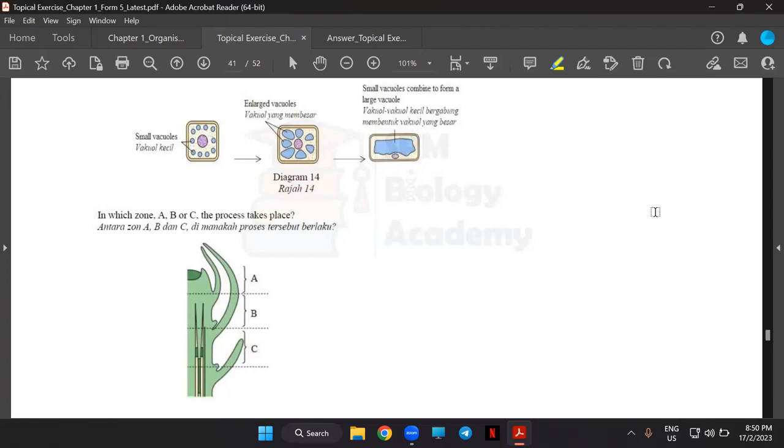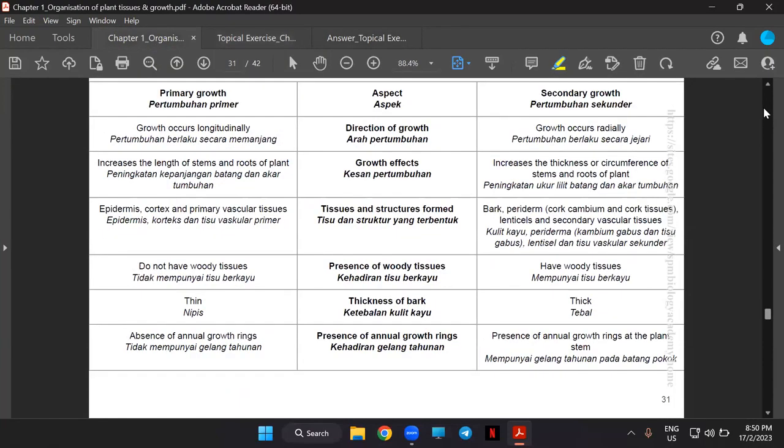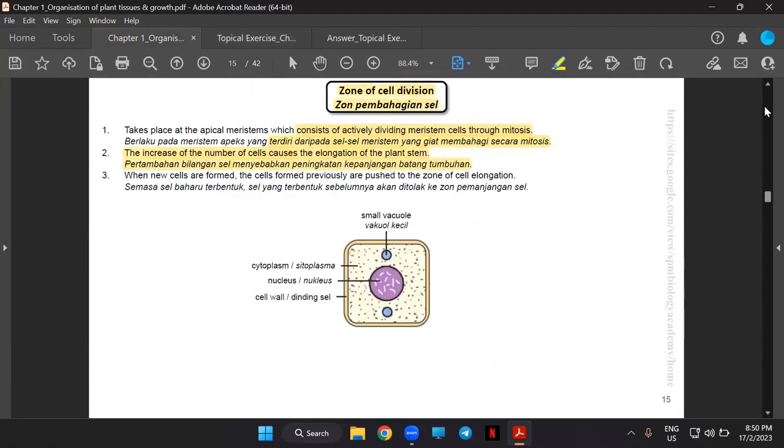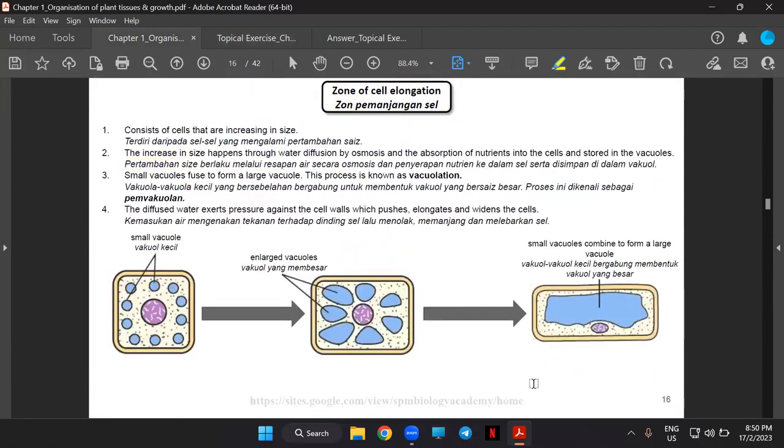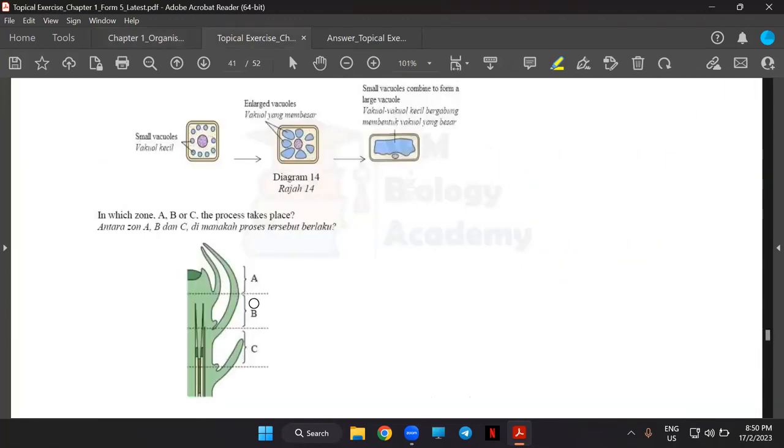Jadi ini ialah bahagian apa? This one memang ada dalam nota kita. This one pemanjangan, this is the one, elongation. Elongation, pemanjangan sel. So what is the question? In which zone A, B, C this process takes place? Antara zon A, B dan C, di manakah proses tersebut berlaku?